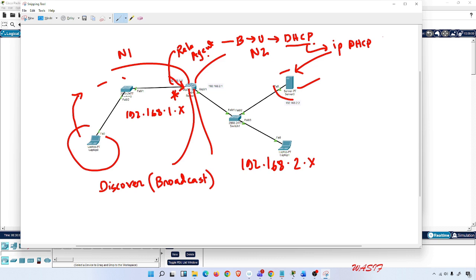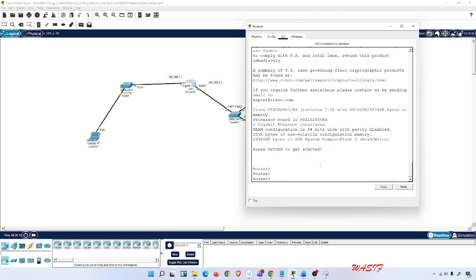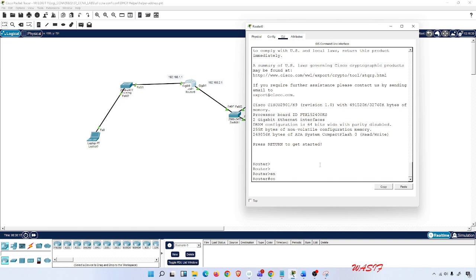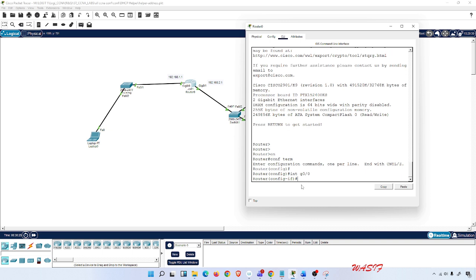In order to send the request to the DHCP server, the relay agent must know its IP address. So what you need to do here is configure: enable, conf term. Now which interface? Interface gigabit 0/0. And how do you configure the DHCP?